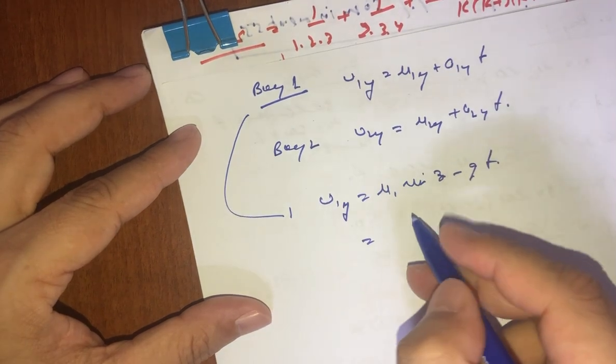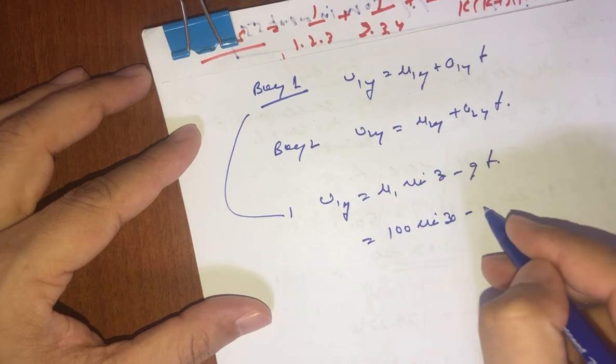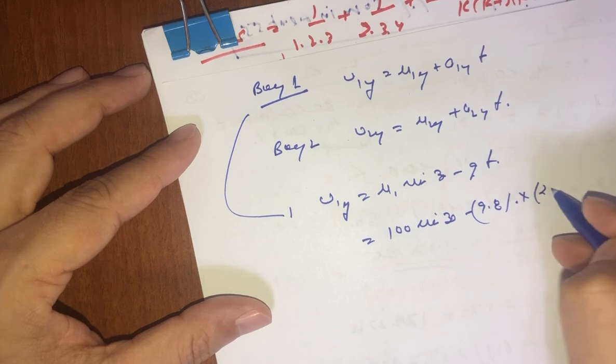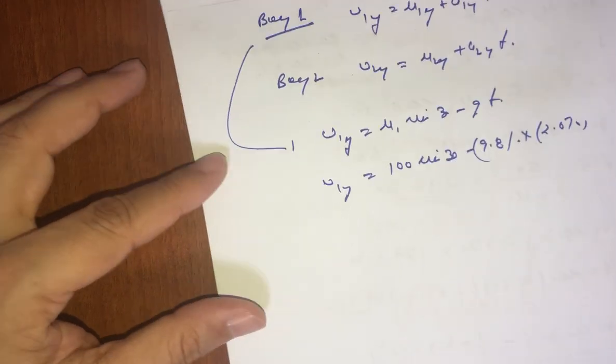So substituting the value, u1 was 100, so this is 100 sine 30 minus 9.8 into time t. Time was 2.070, so this is v1y.